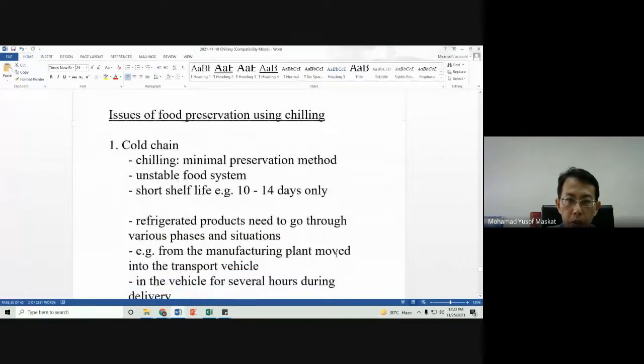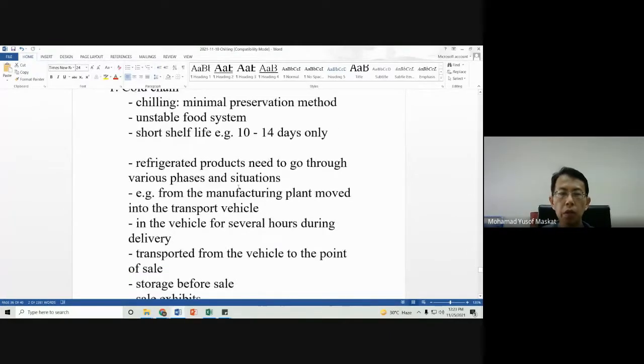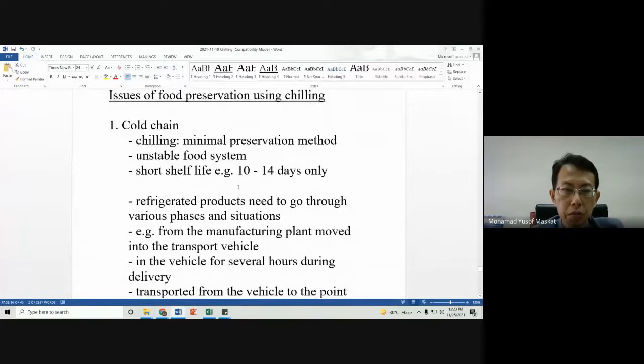So what are the issues of food preservation using chilling? Cold chain. Cold chain is the maintenance of low temperature throughout the distribution, so it is important. Chilling is a minimal preservation method.